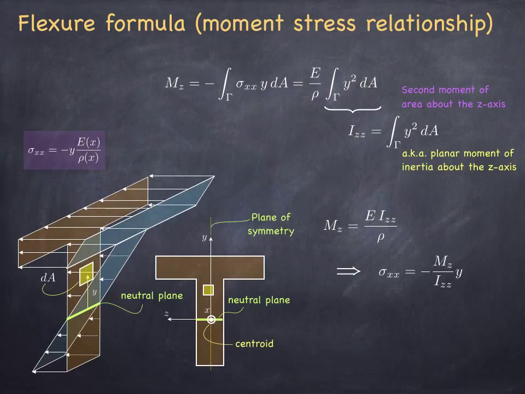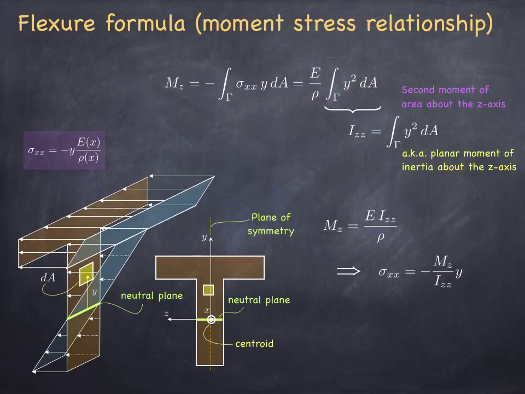And if we make that substitution in the expression on the right, we obtain sigma xx is equal to minus Mz over Izz times y. This formula is usually referred to as the flexure formula, and it tells us how the moment is related to the stress, as well as how the stress varies within the cross section.